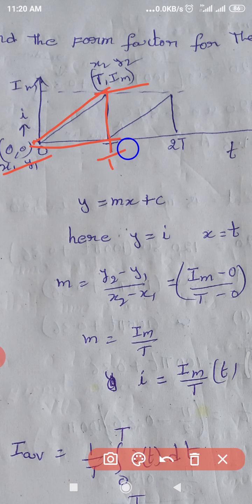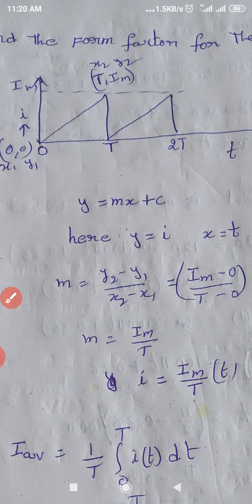Because on the x-axis the time is T, and on the y-axis the point present is Im. So totally we are getting 2 points: 0 comma 0 is one point and T comma Im is the second point. Now 2 points are available. By using these 2 points we are going to find the equation.